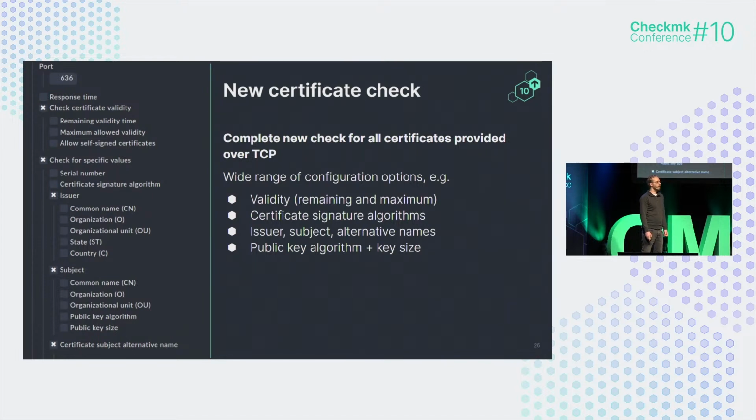You can also check for a lot more values to ensure the authenticity of, for example, the issuer or subject, or to ensure that internal policies are fulfilled by checking the used certificate signature algorithms. So all in all, what you see here is the first but extensive set of options we already added in Checkmk 2.3.